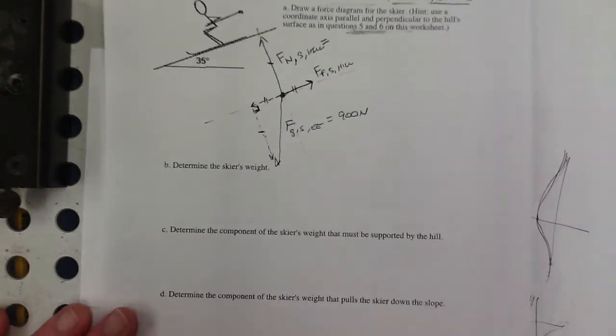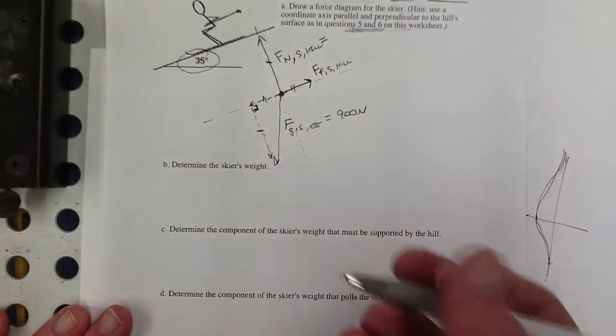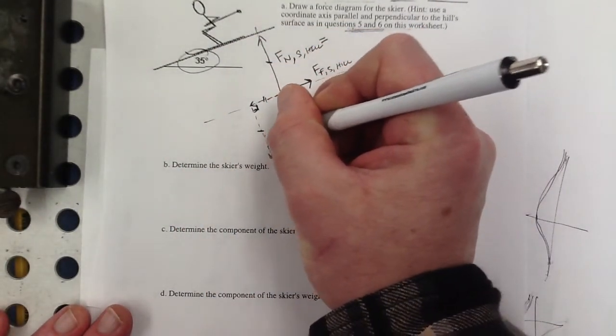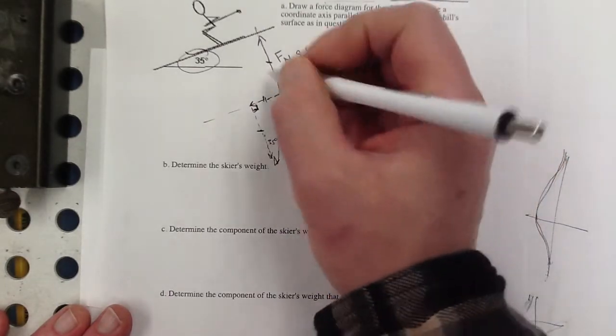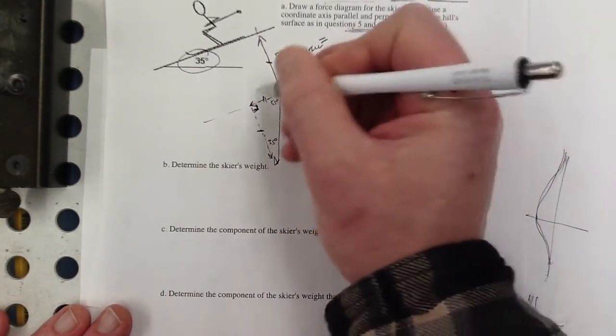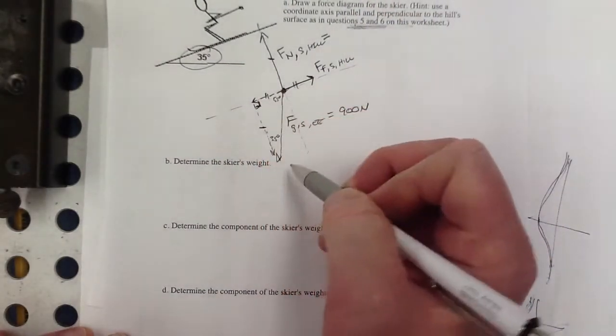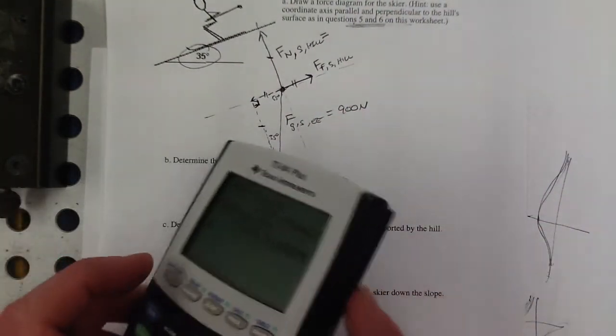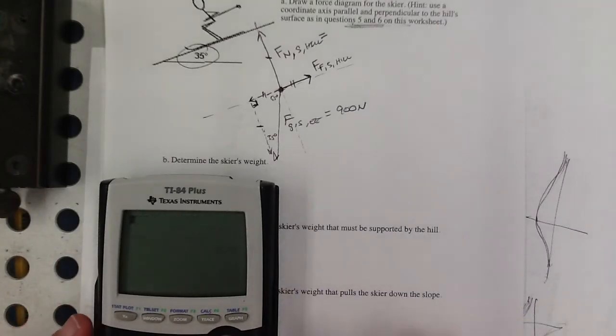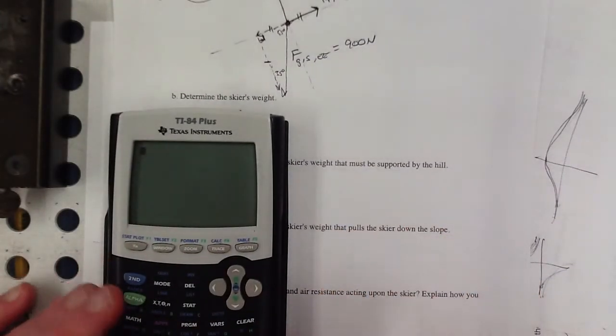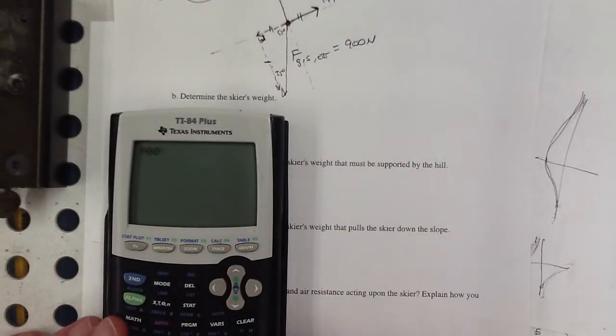So let's see. In my triangle, where's the 35-degree angle? It's here, right? That's the skinnier angle, and this would be 55. So then you can do your sine and cosine whichever way you want, but obviously this is shorter than this. So 900 times sine 35 and 900 cosine 35.